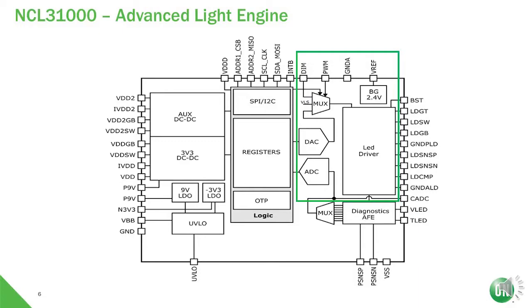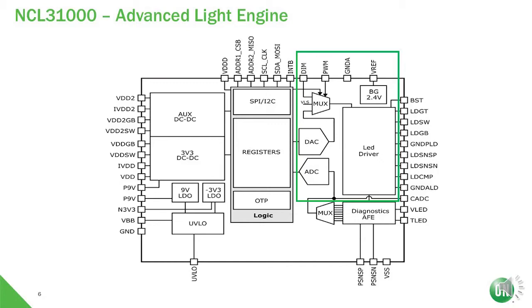This is the internal block schematic for the NCL31000, again indicating the two DC-DC converters, the logic block accessed by the MCU, and the advanced light engine with the LED driver and fair complexity inside, which we will delve into a little deeper.